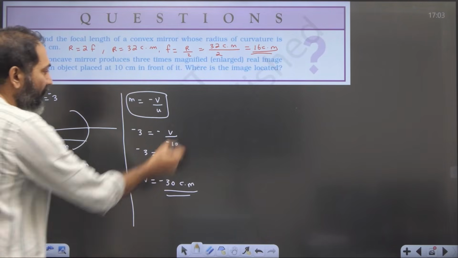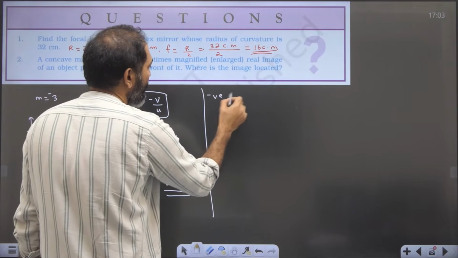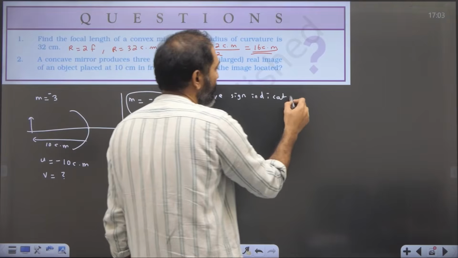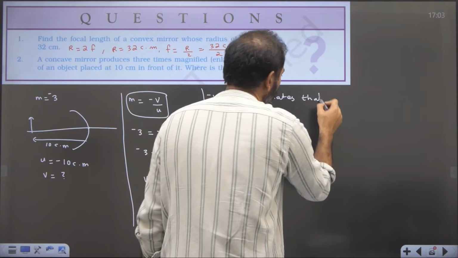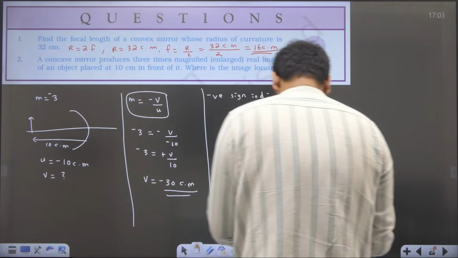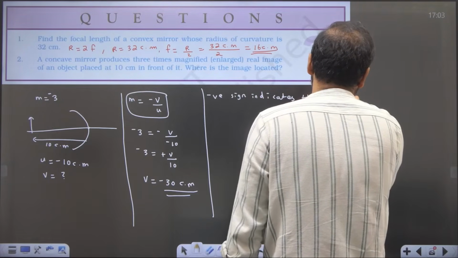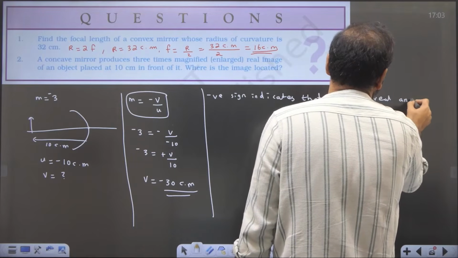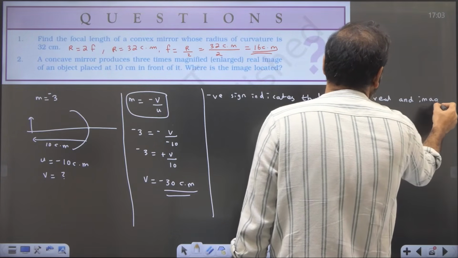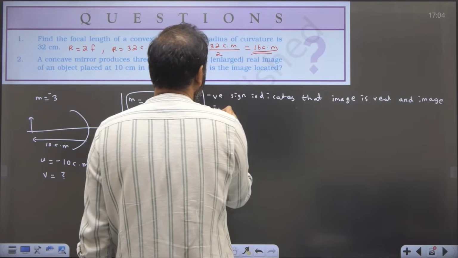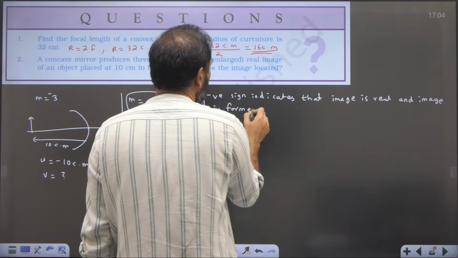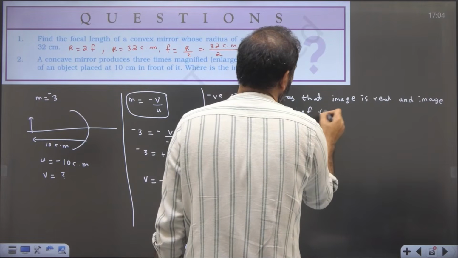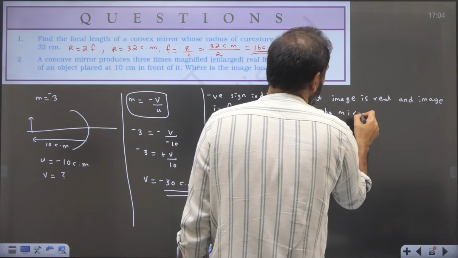There is a minus sign. The negative sign indicates that the image is real and the image is formed in front of the mirror. Why in front of the mirror?